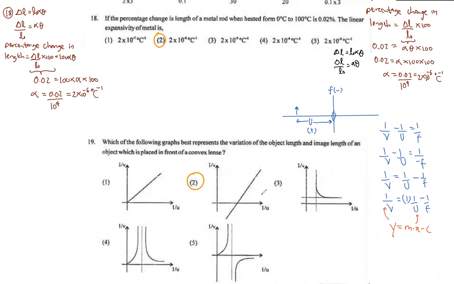Okay, this is the answer. Done. Then we'll move on because you have to be careful. The axes are 1 over v and 1 over u, so it's not v and u.